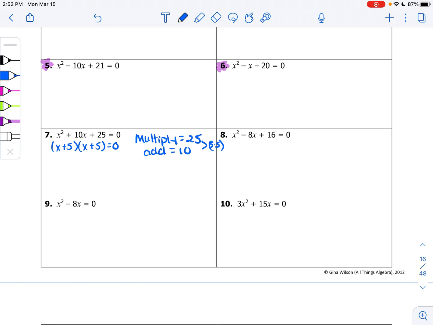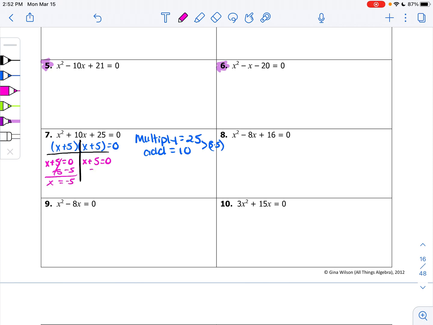Then to solve it, we're going to set up our table, and we're going to set each factor equal to 0. So x plus 5 equals 0, x plus 5 equals 0. We subtract 5 from both sides, which on the left we get x equals negative 5.